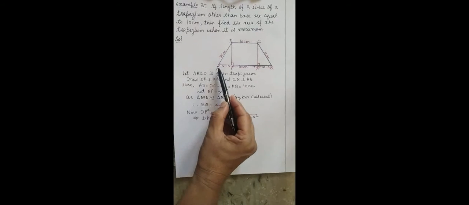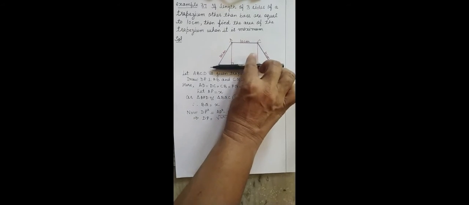So students, if I take this trapezium ABCD, now AB is the base. So I leave this base aside, and the length of the three sides is given to be 10 centimeter. Then I have to find the area of the trapezium when it is maximum. That is, I have to maximize the area of the trapezium.